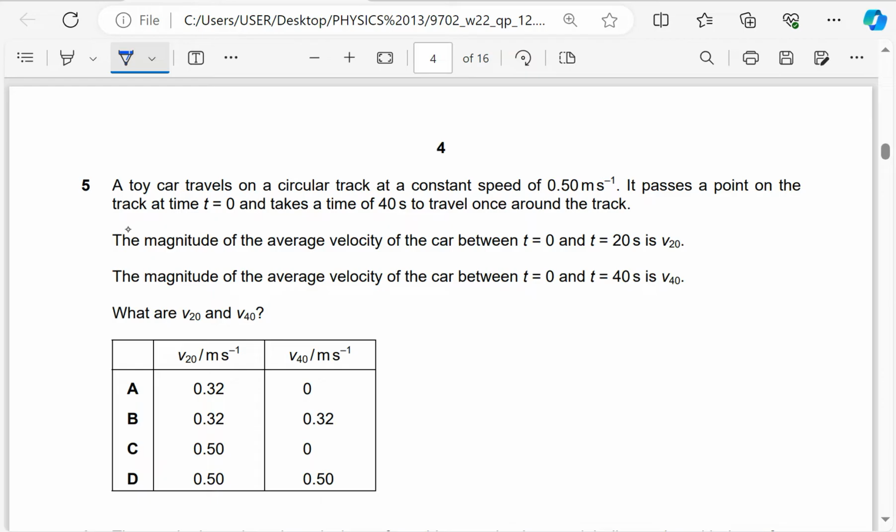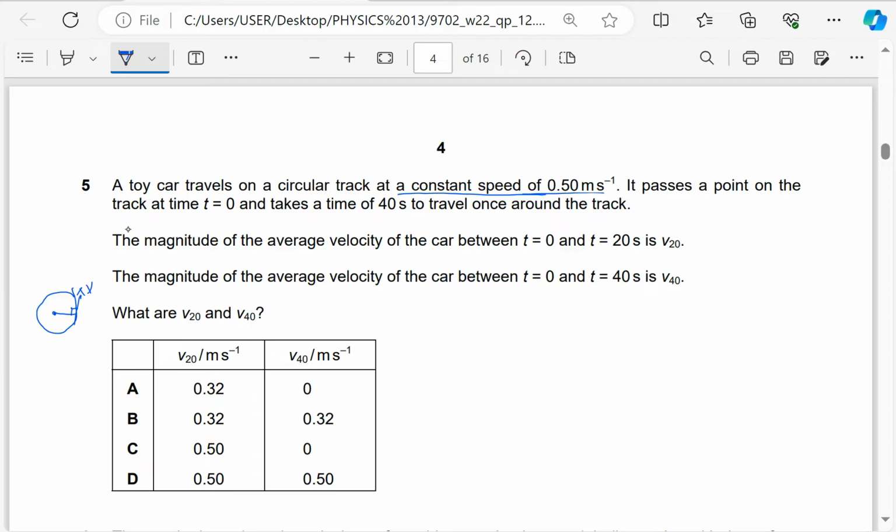A toy car travels on a circular track at a constant speed of 0.5 meters per second. Remember, if it is a circular track, and let's say it is at this point, the velocity is in that direction. The speed is the magnitude part of the velocity.